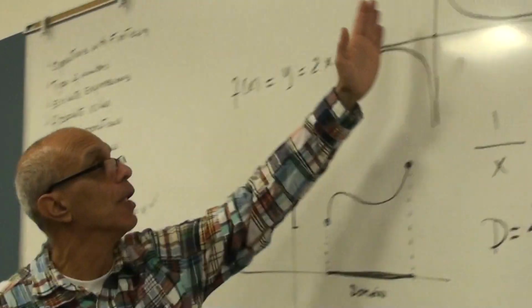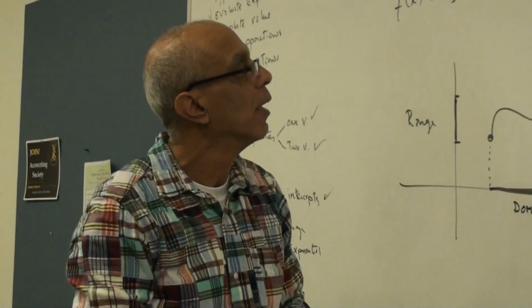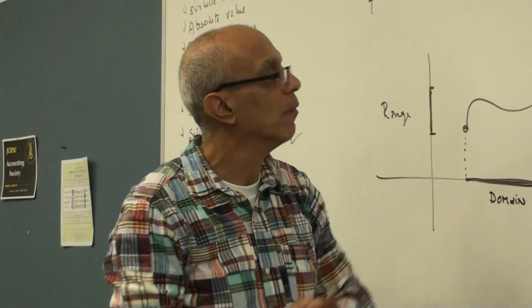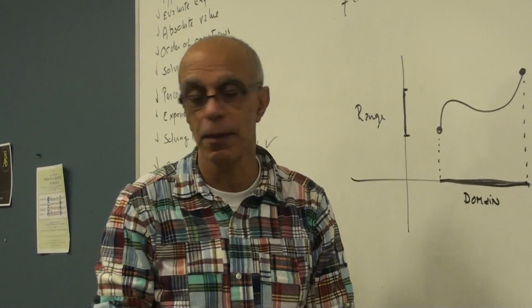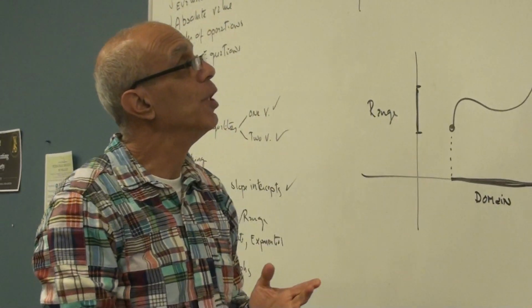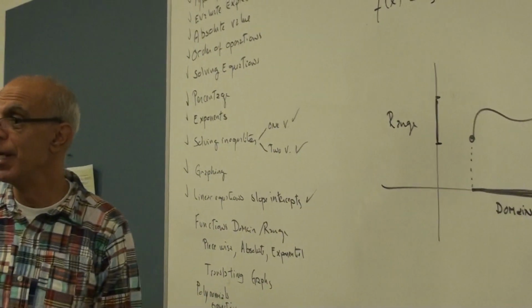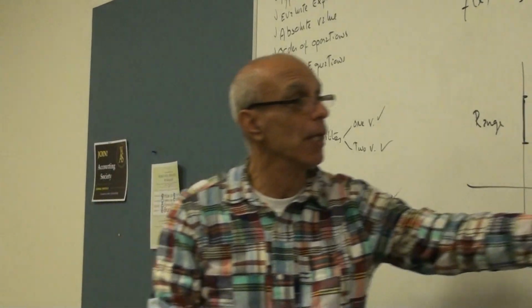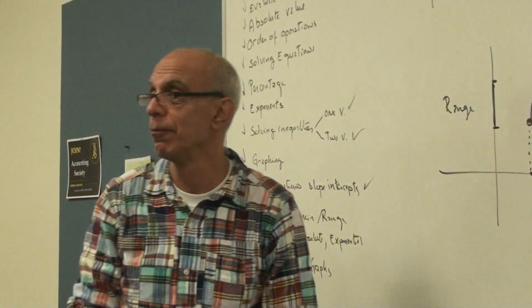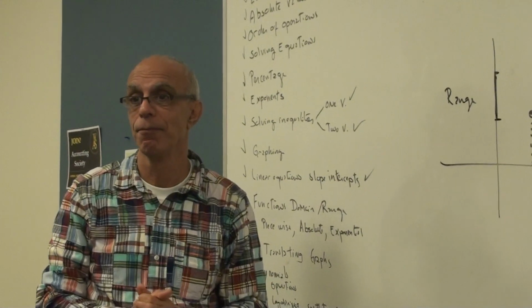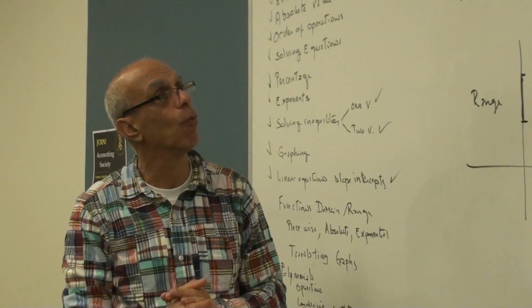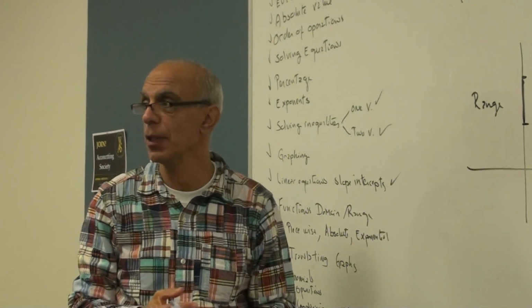It goes to infinity there, so you can't represent the function at that point. Now, this is the domain. What would be the range? What are the values of y that this function exists?